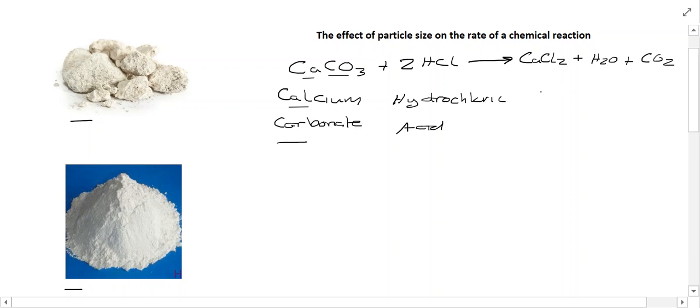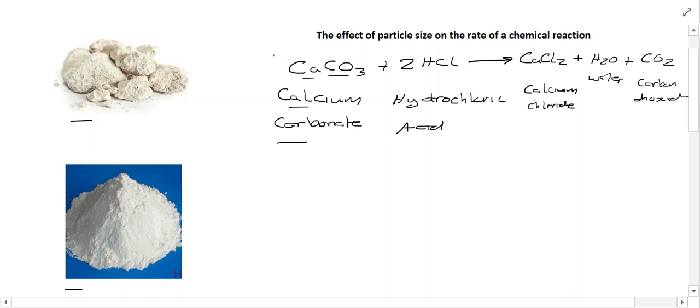So you have calcium chloride, water, and then carbon dioxide. Carbon dioxide is the stuff that we breathe out. We all know what water is, and then you have calcium chloride.